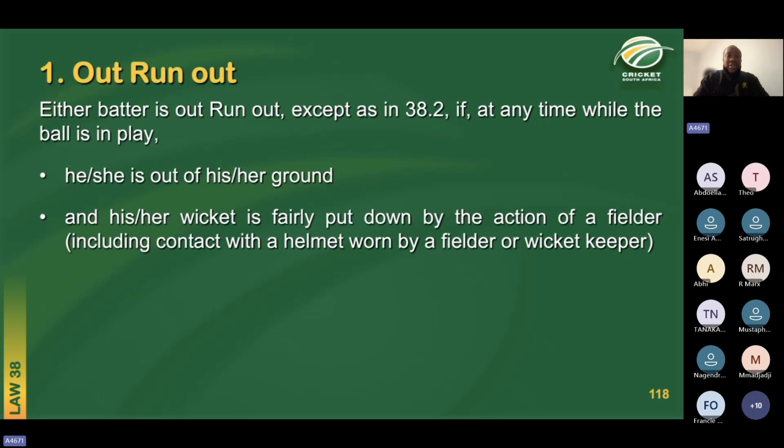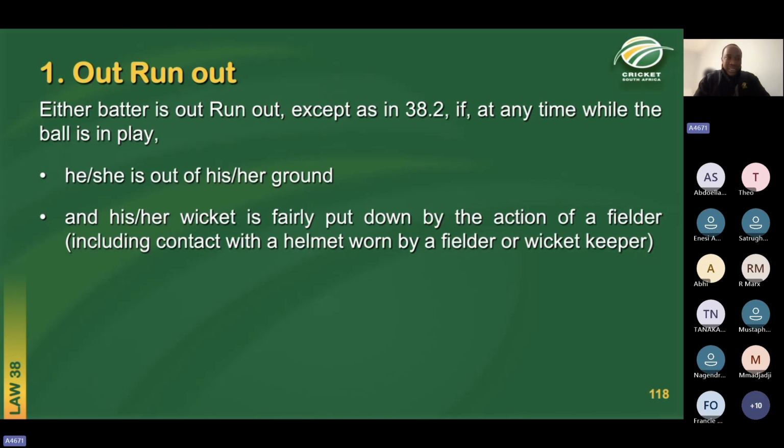In the playing conditions in England, both professional cricket and recreational cricket, if a ball makes contact with a helmet that is worn by any player on the field, whether it's a wicketkeeper, a fielder, or a batter, the ball automatically becomes dead.